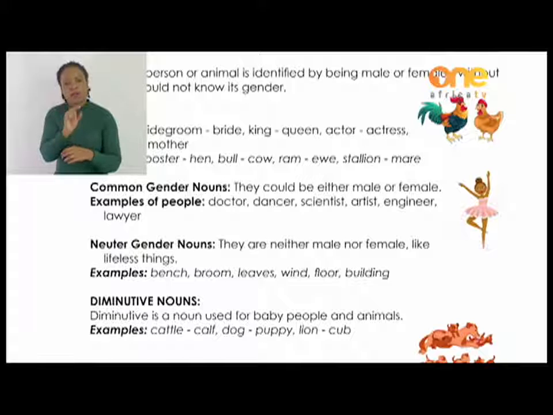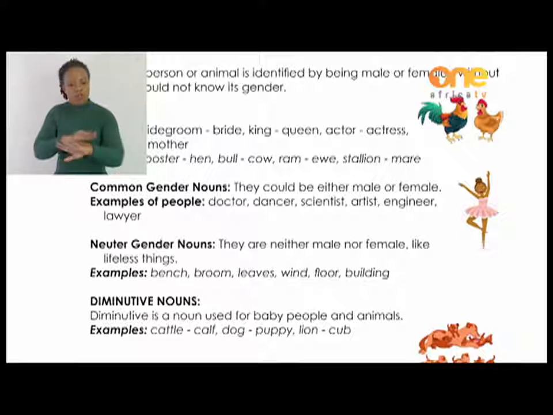They could be either male or female. Examples of people are as follows. Doctor. Whether a person is female or male, if he's a doctor, we refer to him or her as a doctor. So the noun doctor is a common gender noun. It applies to both males and females.